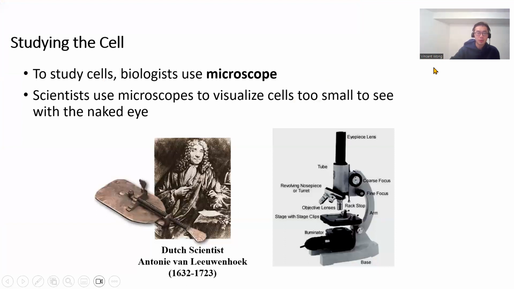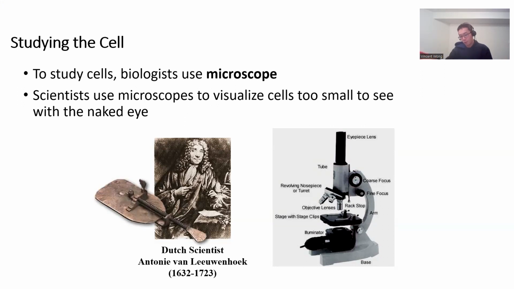Now, to study cells, we have to use a microscope. The cells are very small, and there's no way we can see them with just our eyes. The first microscope was invented by a Dutch scientist by the name of Antony van Leeuwenhoek. Leeuwenhoek built a handheld microscope like the one shown in the picture, and when he put some pond water under his microscope, he saw a whole world that he never knew existed and nobody knew existed.